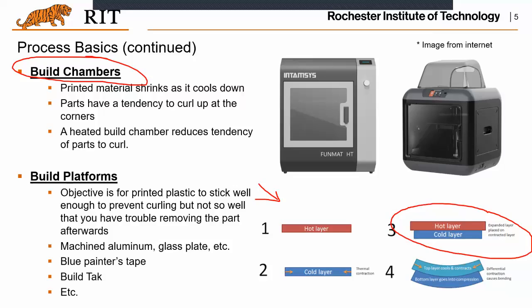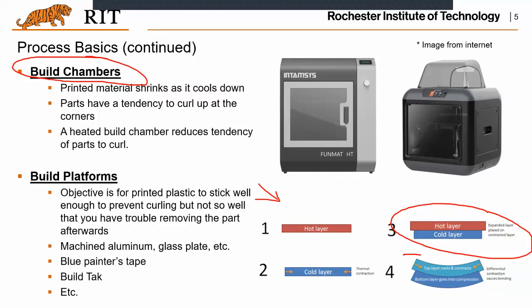Because this cold layer has a lower temperature, it begins to shrink. And there are different shrinkage ratios for the hot layer and cold layer. Therefore, you will have this curl happen. That's why there's a curl for your layers, for your prints, especially near the corners.